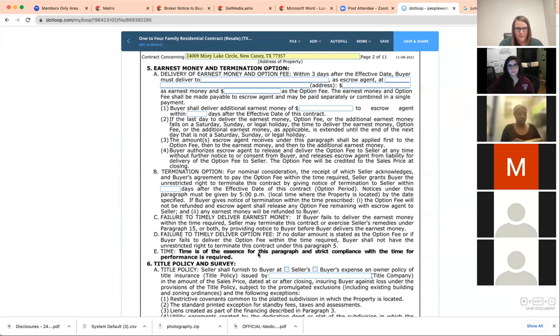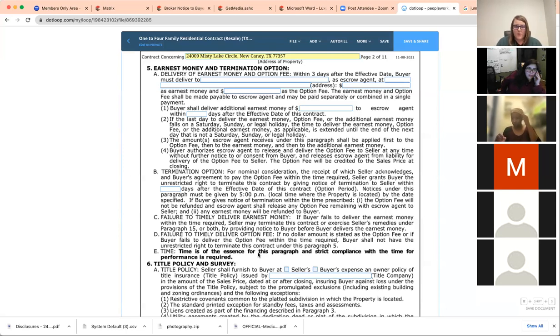Make your client pay it themselves, whether it's deliver it or, honestly, with COVID, title companies have moved to online payments for this stuff. Most title companies have made it super easy to let your client pay online through a portal. So it shouldn't be that difficult to get the money there.